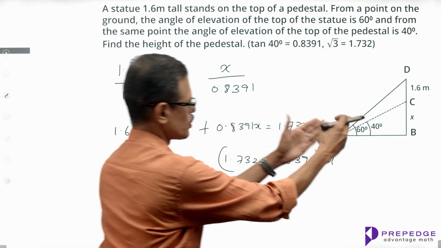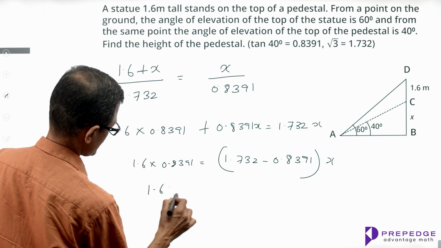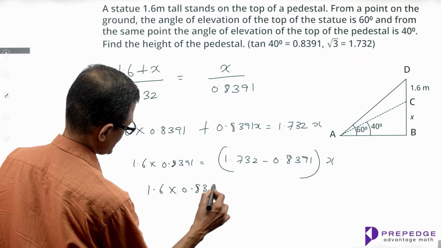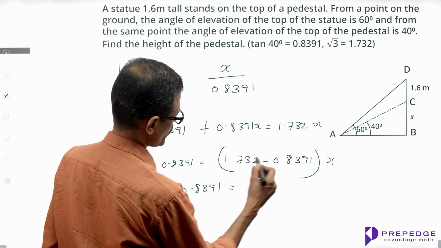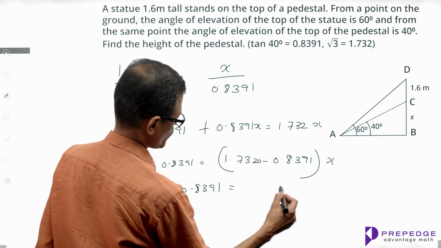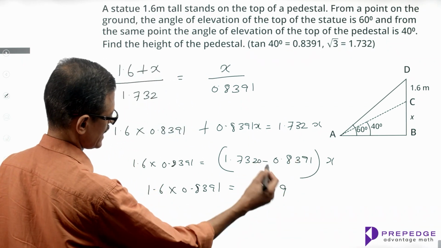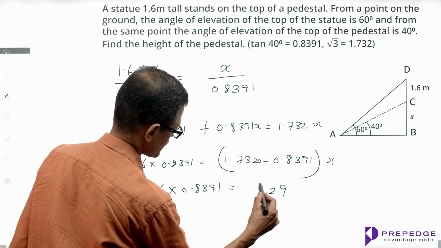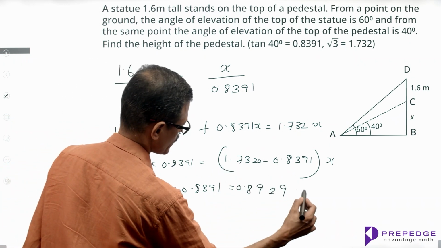So this term we carry to the right-hand side, taking x common. So essentially that leaves us with 1.6 into 0.8391 is equal to, here we have 3 terms, here 4. Subtracting, 1.732 minus 0.8391 is 0.8929x.